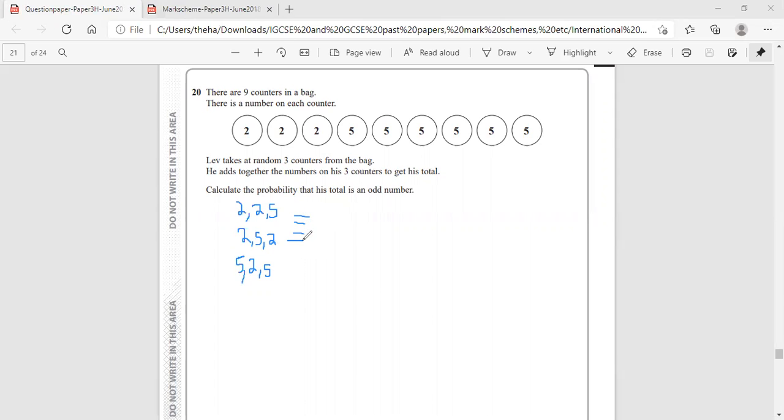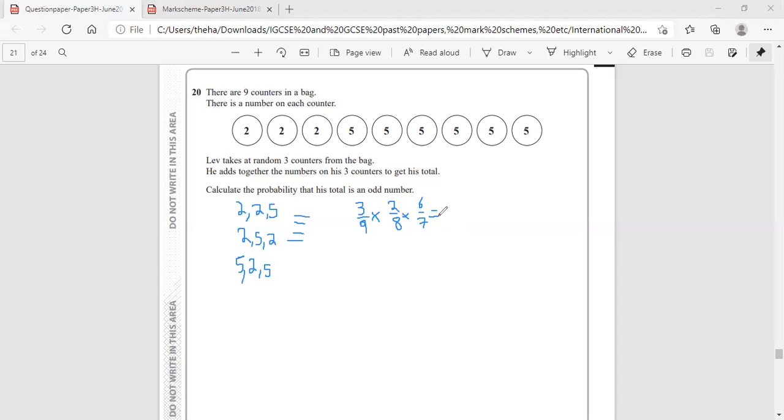So 2 times 2 times 5, well, what that will give us is 3/9, because we're not replacing anything, just remember that. So the probability of getting a 2 first, 3/9, times getting a 2 second, so it's going to be 2/8, then getting a 5. Well, there's 6 5s, so it's going to be 6/7, okay, so that is our first thing, and that is equal to 3/9 times 2/8 times 6/7.